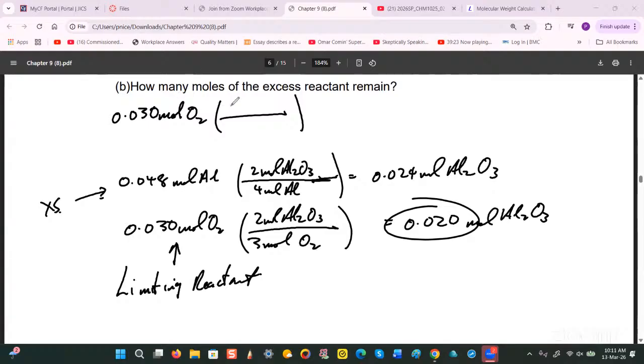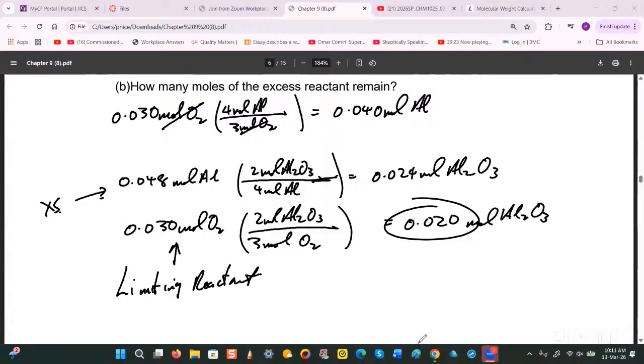So be careful with that when you're doing problems. All right, so 4 moles of aluminum above and 3 moles of oxygen below. So this will cancel out with that. So that gives you what? 0.040 moles of aluminum, right?